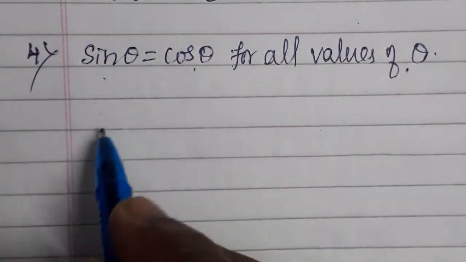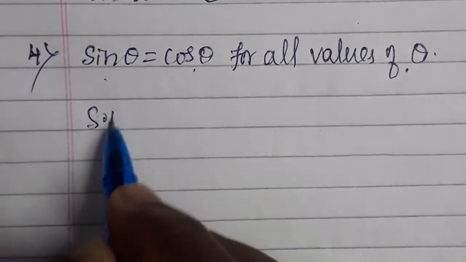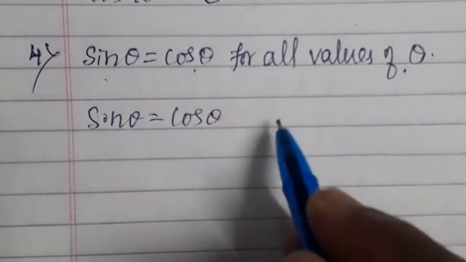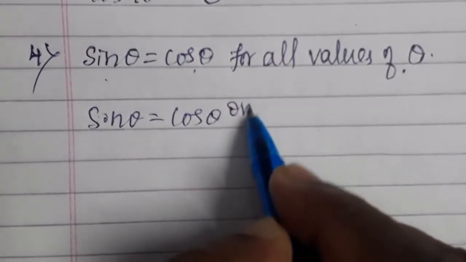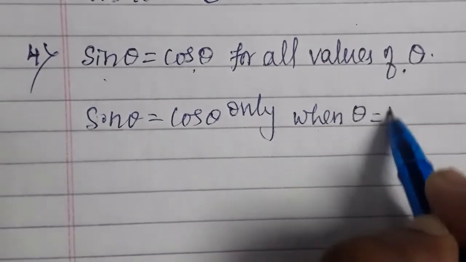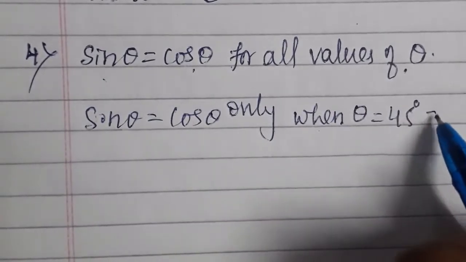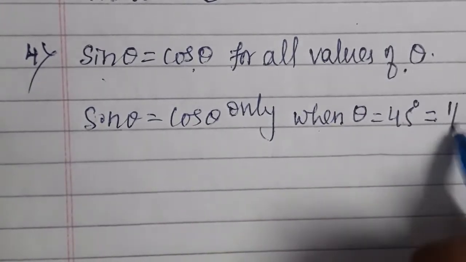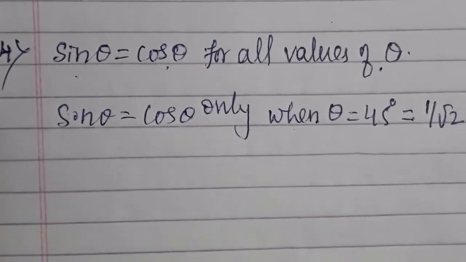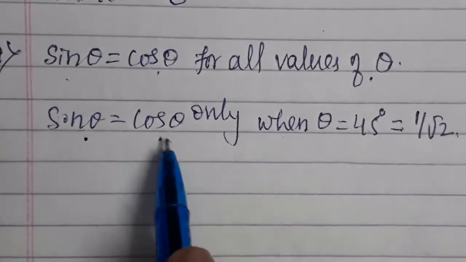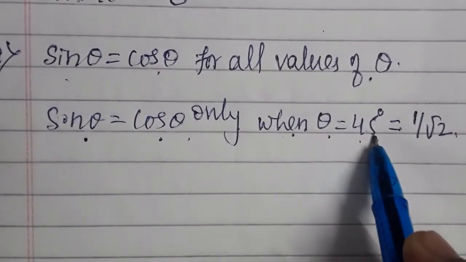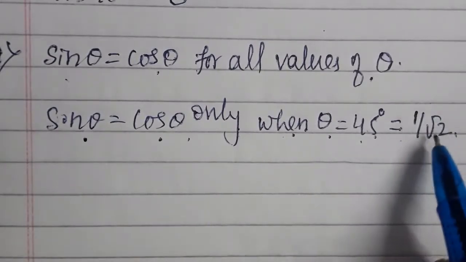So sin theta is equal to cos theta only when theta is equal to 45 degree, that means the value is 1 by root 2.